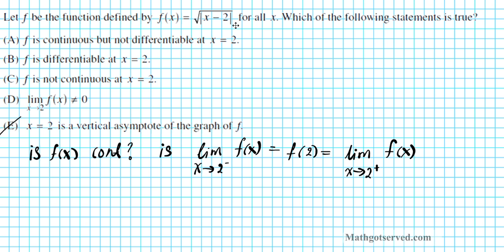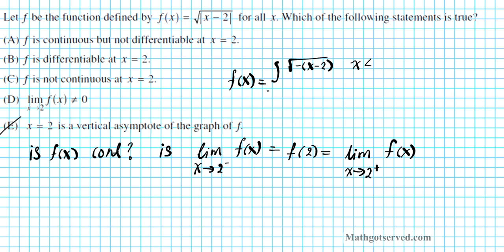So this function, you can think of it as a piecewise defined function. So for this one, we can think of it as f of x equals square root of negative x minus 2 when x is less than 0. I'm sorry, when x is less than 2.